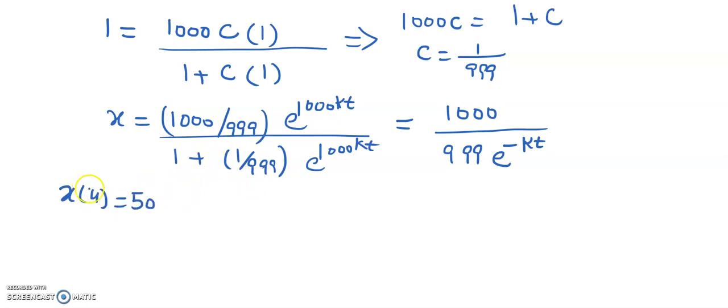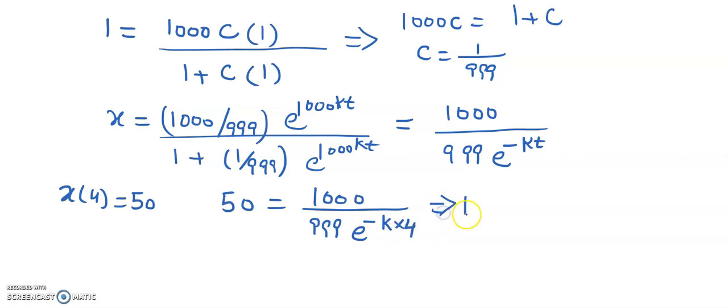Okay, so I put t is equal to 4 and x is equal to 50 into this equation. So x is equal to 50, 1000 over 999 e power minus k times 4.